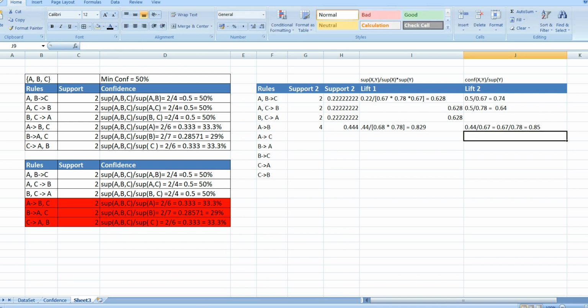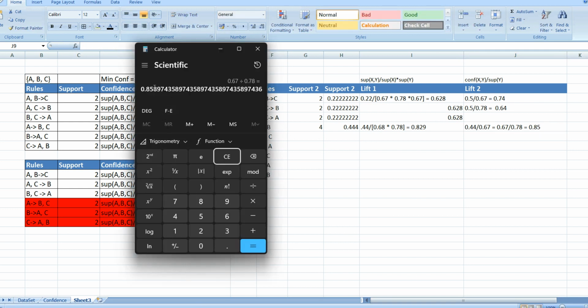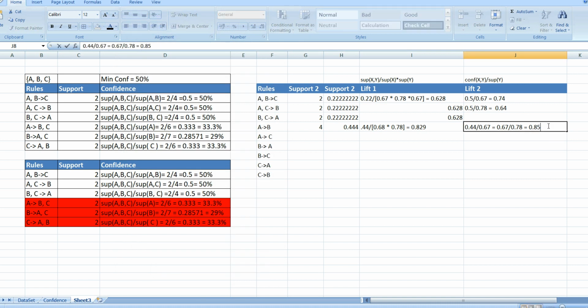Again, if we check the value there, it becomes 0.86. They are very close to each other. However, there's more precision when you're using the second lift value. This is why I prefer the second lift.